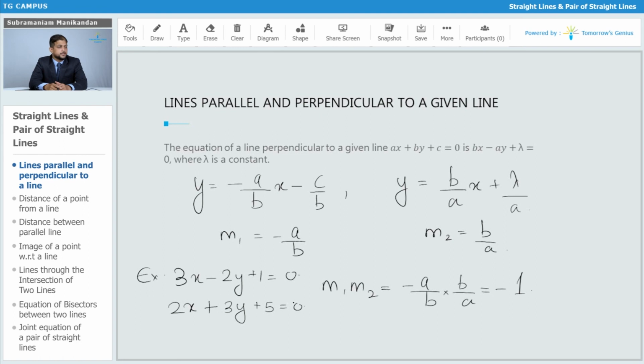As you can see here, the slope of the first line is 3 by 2 and the slope of the second line is minus 2 by 3. Thus these two lines can be said to be perpendicular to each other.